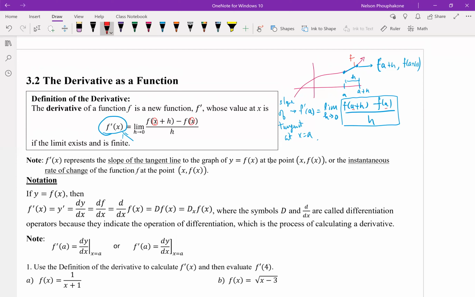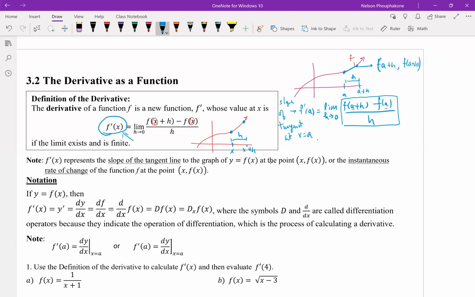Again, in this case, we have x right here, and then we have the distance h from here to here.